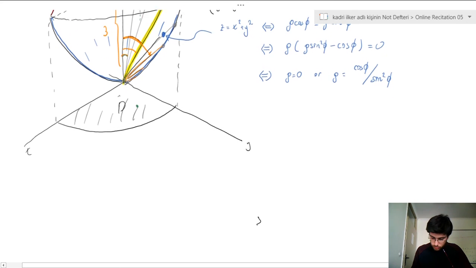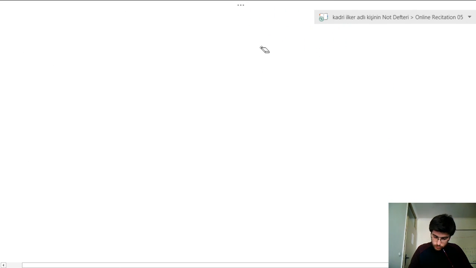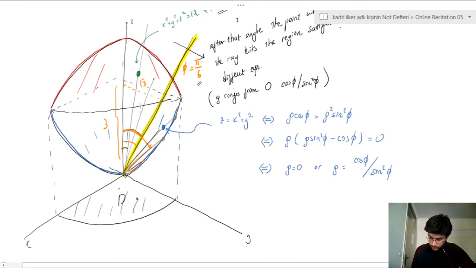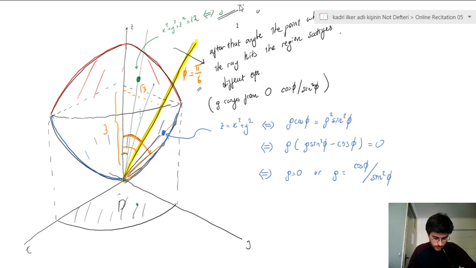Therefore, we need to write down two triple integrals. And of course, if you look at the boundary, the possible largest value: remember this phi starts from this slice and ends like this.